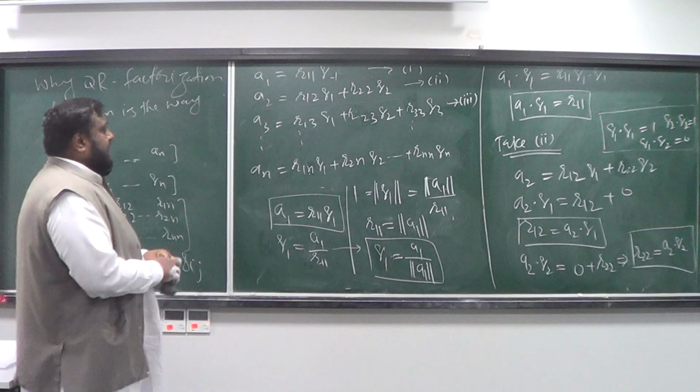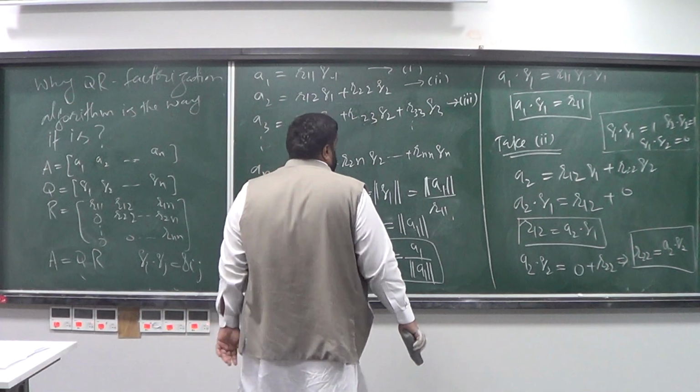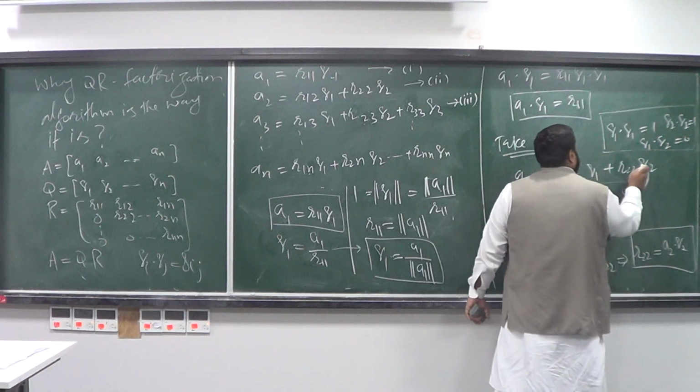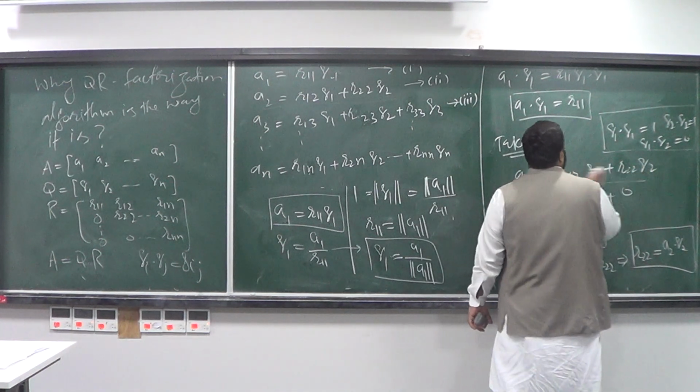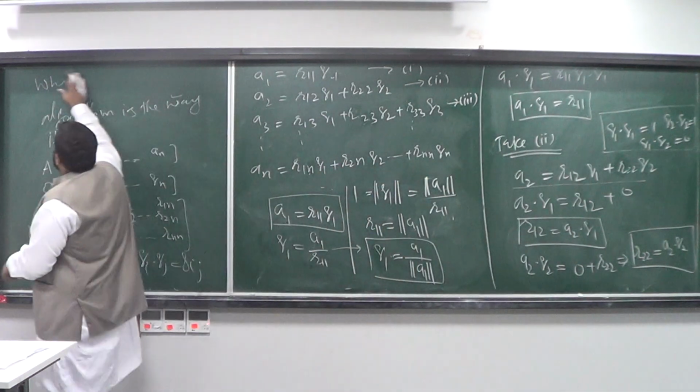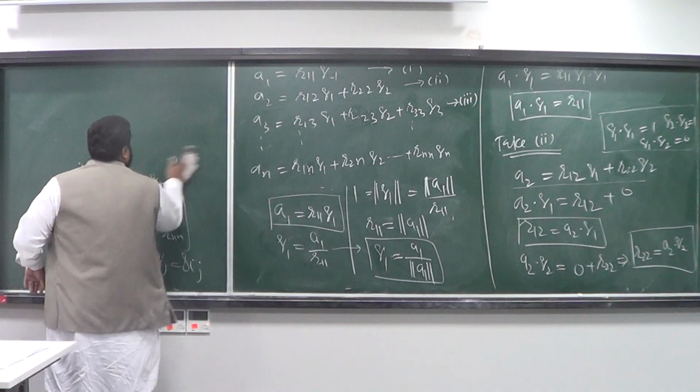Now I want to deduce a formula for Q2. So take the same equation and compute the value of Q2. What would be the value of Q2 if you compute it?